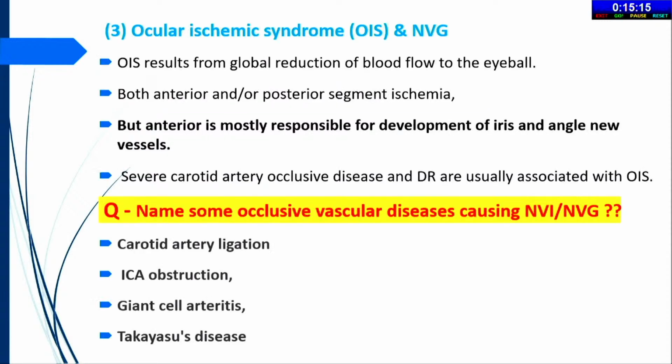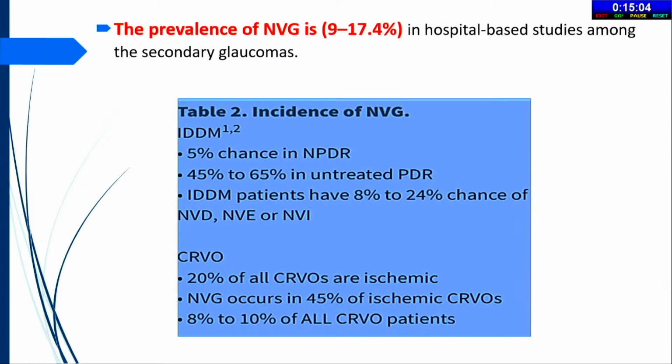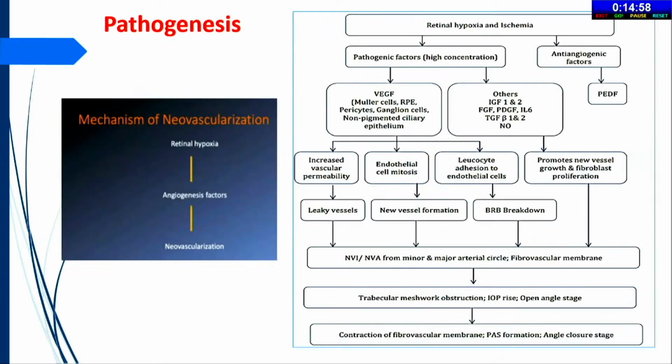In ocular ischemic syndrome, it is basically carotid artery ligation or obstruction which gives rise to anterior segment ischemia, which is responsible for neovascularization. The overall prevalence of NVG out of all secondary glaucomas is 9 to 17%.